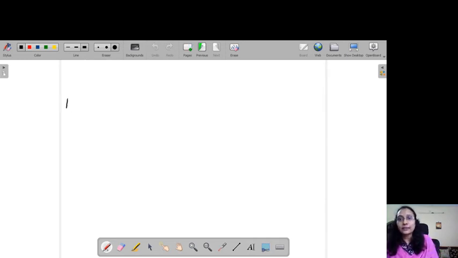We can write the carboxylic acid group like this. First we are writing an alcohol. We are comparing it with alcohol, carboxylic acid, and aldehydes or ketones. Here first I will write any simple alcohol.